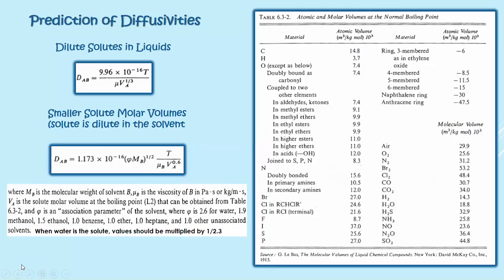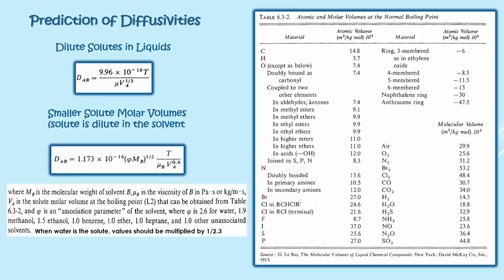Now, if the problem does not give you the diffusivity of your solute to a particular liquid, you need to determine that particular diffusivity by simply using this table, table 6.3-2, making use of the atomic and molar volumes at normal boiling point of the atoms present in your solute.